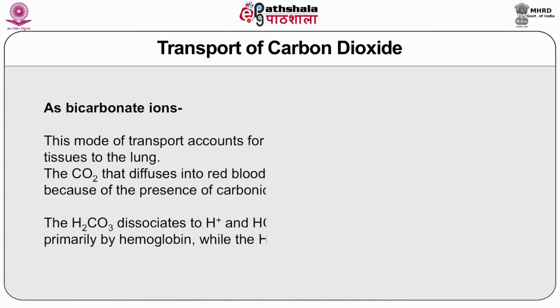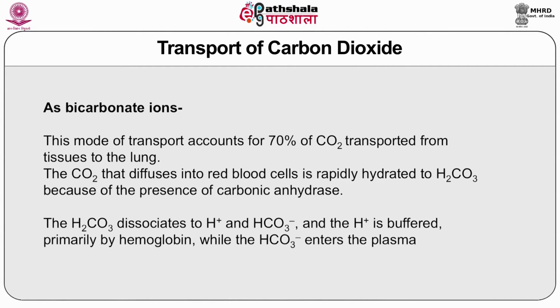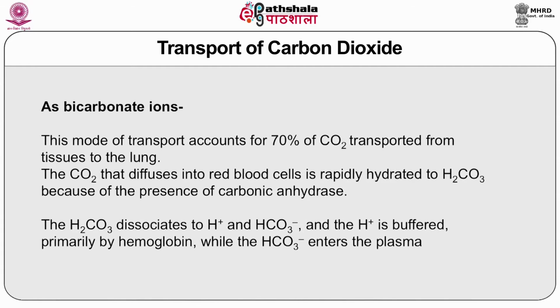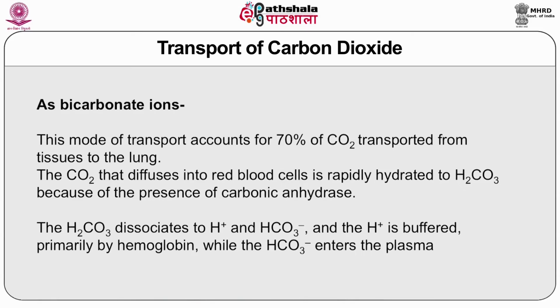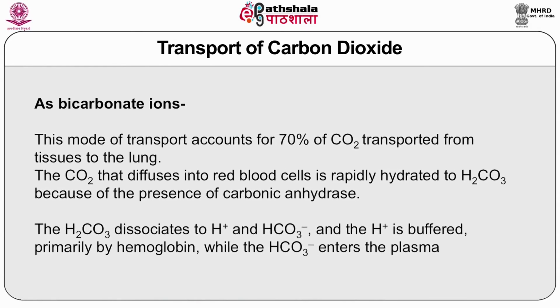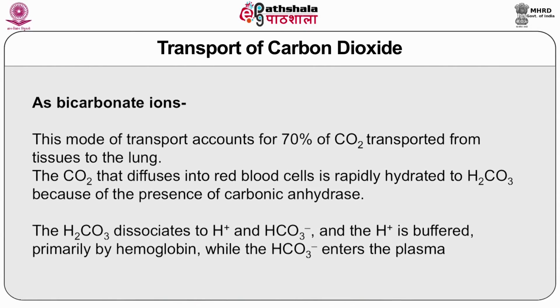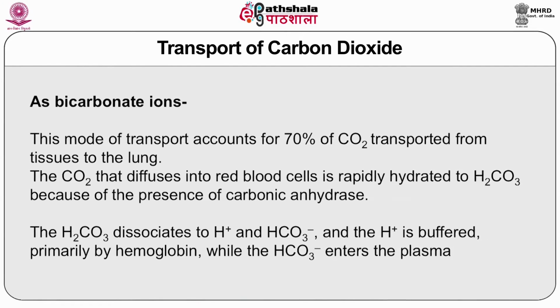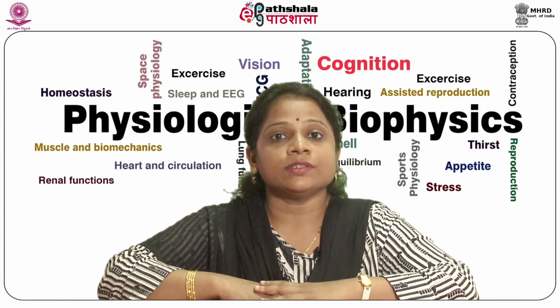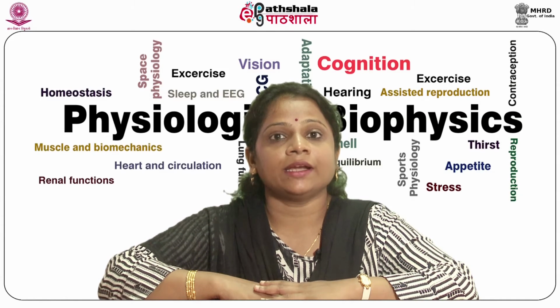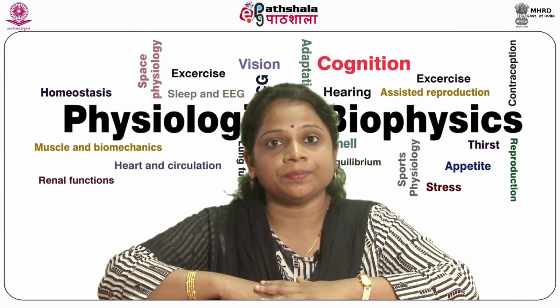As bicarbonate ions, carbon dioxide is also transported, and this mode of transport accounts for 70% of carbon dioxide transported from tissues to the lung. The CO2 that diffuses into red blood cells is rapidly hydrated to H2CO3 because of the presence of carbonic anhydrase. The H2CO3 dissociates to H plus and HCO3 minus ions, and the H plus ions are buffered primarily by hemoglobin, while the HCO3 minus enters the plasma.